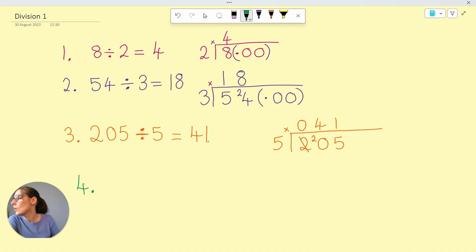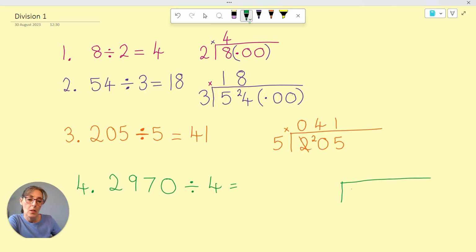So question 4 is 2,970 divided by 4. Do exactly the same thing. 2,970.